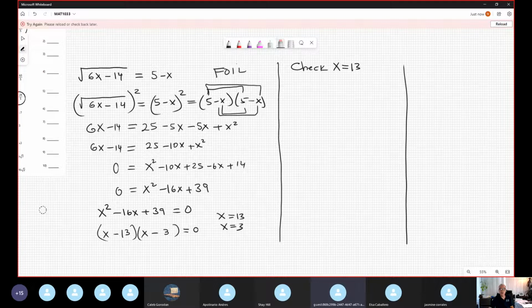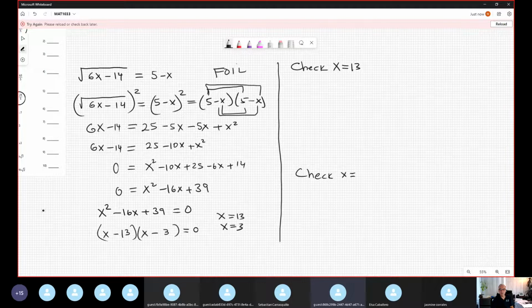Much better down here because it's too short. It's just the arithmetic part. So plugging in 13: square root of 6 times 13 minus 14 should be equal to 5 minus 13. 13 times 6 is 78.